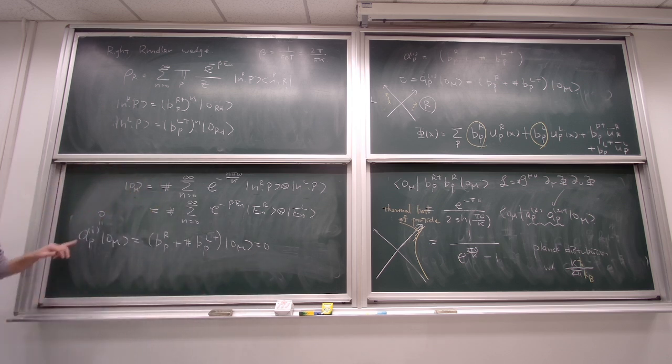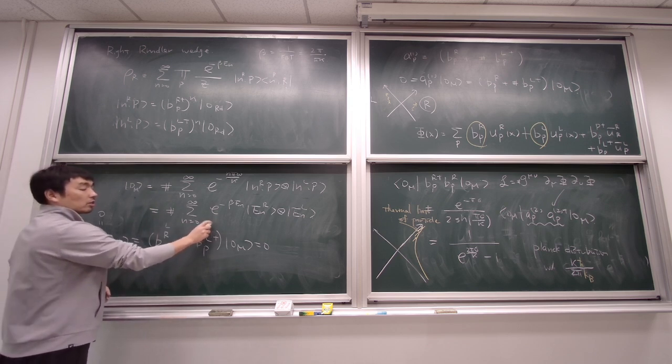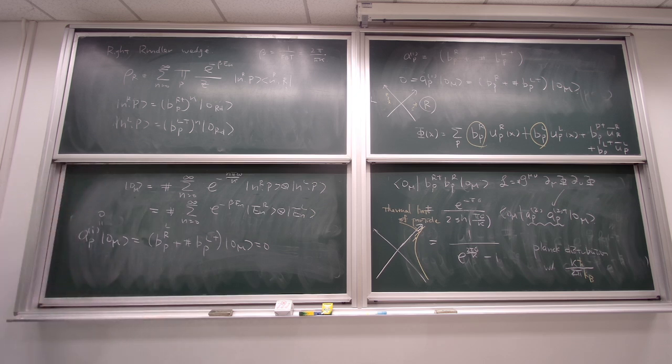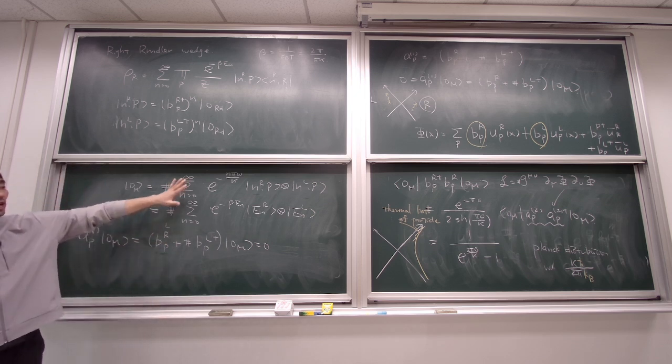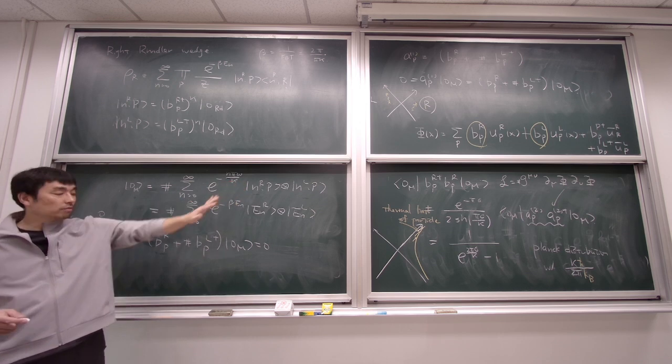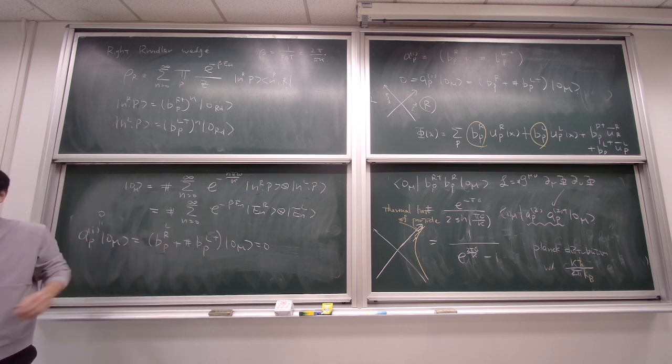If it is one, it is this way, and for two, you have to swap left and right, and so on. To satisfy this, you have to have this kind of coherent state for any mode p, and so on. That's what you need to show in the homework.